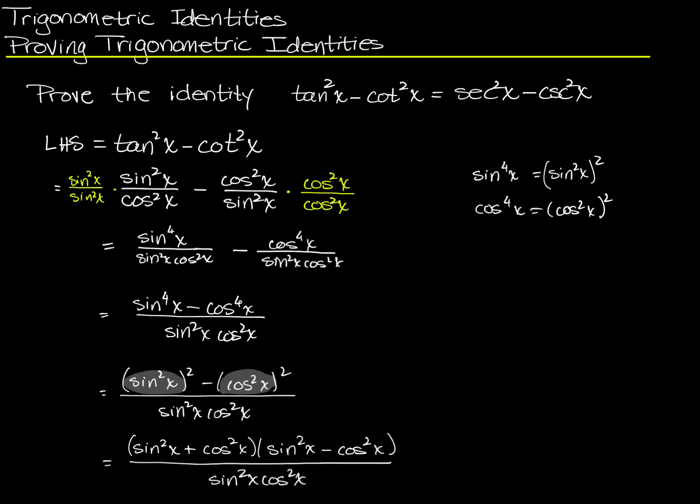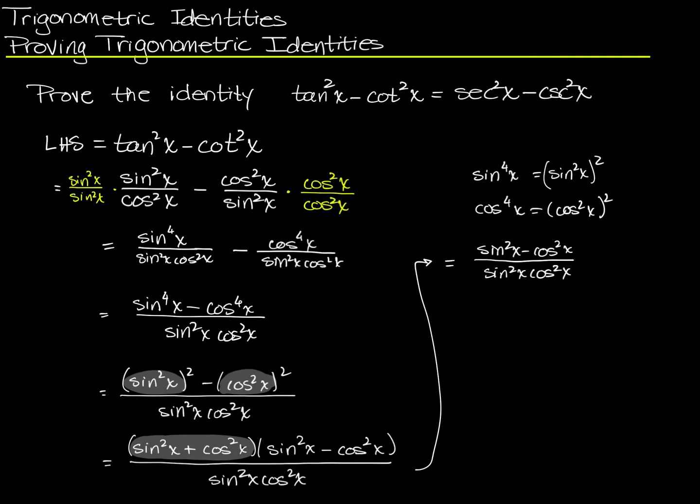Now I'm going to notice that I have a sine squared plus cosine squared here, which is 1. So my next step is going to be to say that that last step is equal to sine squared of x minus cosine squared of x all over sine squared of x times cosine squared of x.